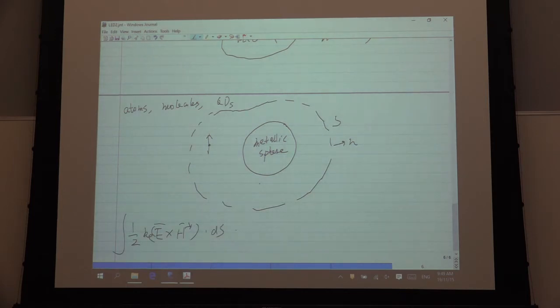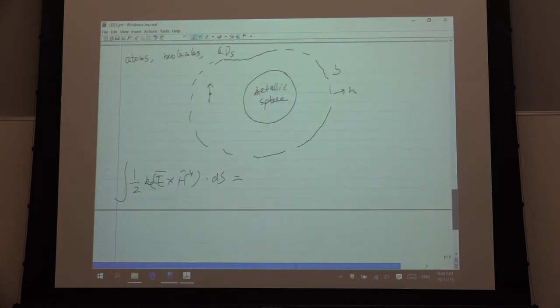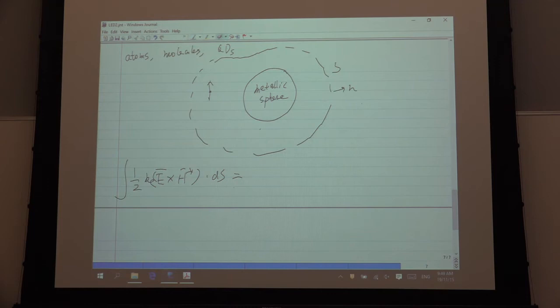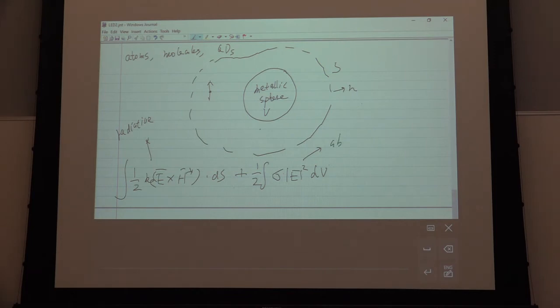This is the radiation power, plus the absorption power by the sphere, which is 1 over 2 sigma E square dV. This is similar to radiative; this is absorptive.